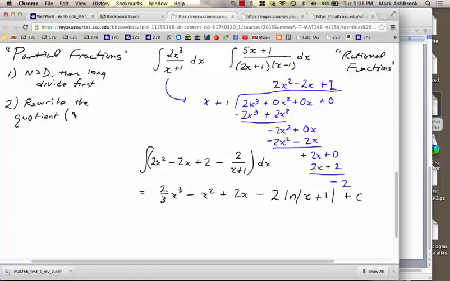So this quotient now, n is less than d, in what's called decomposed form.